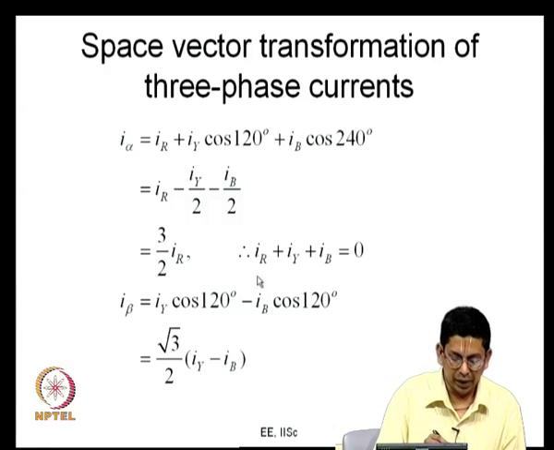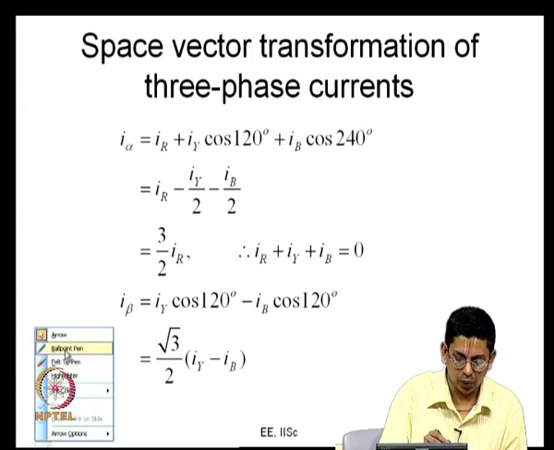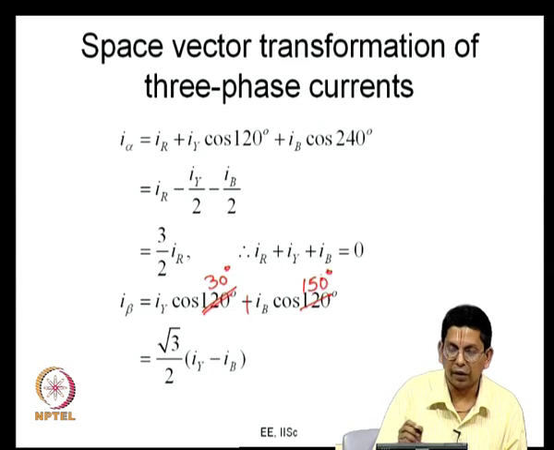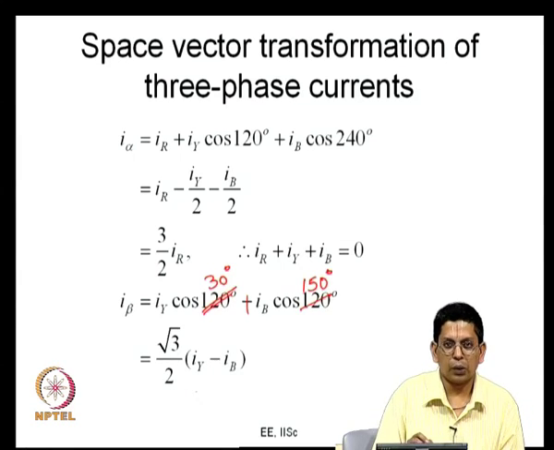Then how about your I beta? It is the same mistake that is carried over here also. So, this is going to be cos 30 degree plus cos 150 degree, and this will be root 3 by 2 times I y minus I b.